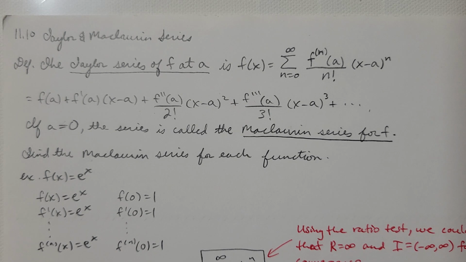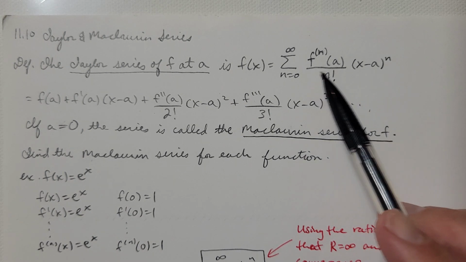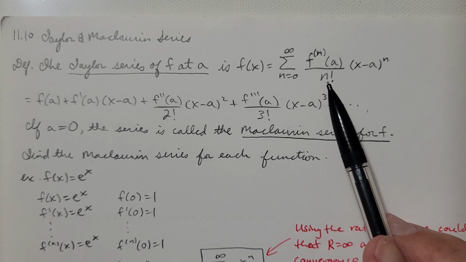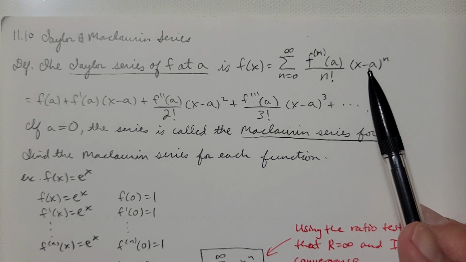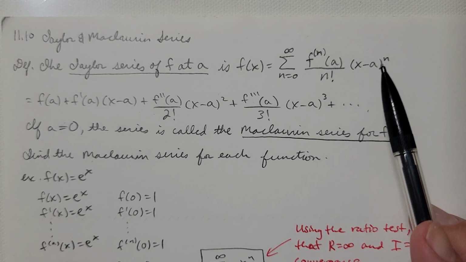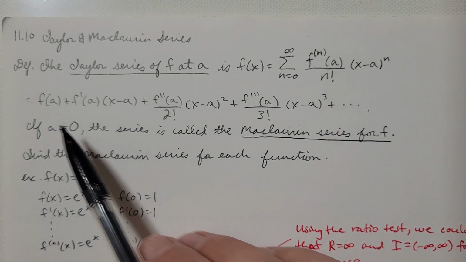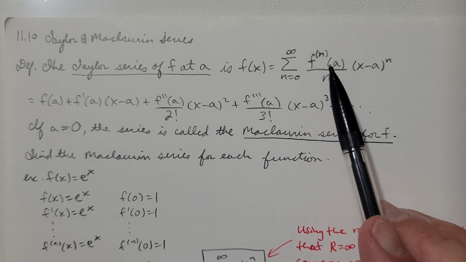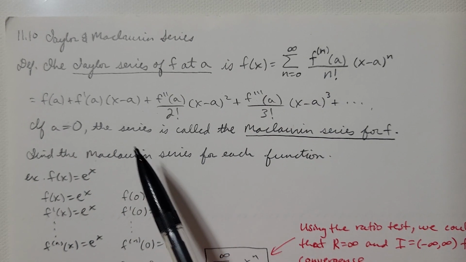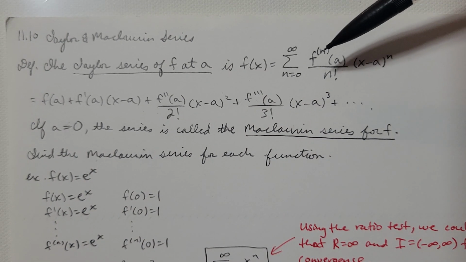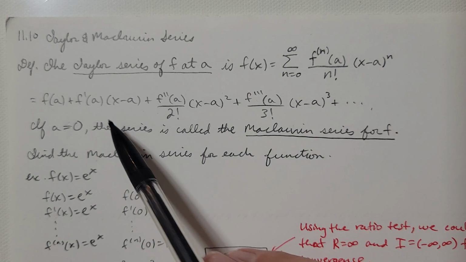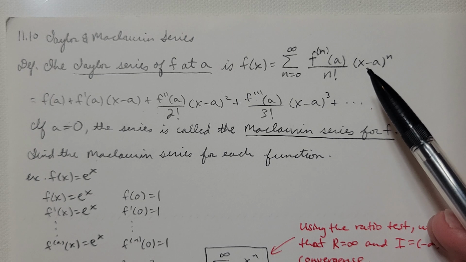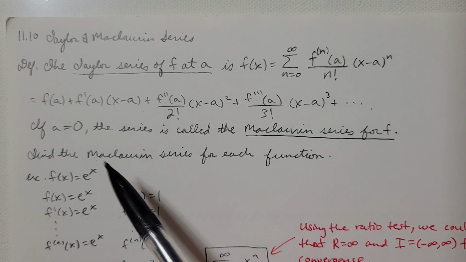Don't mix that up. Okay, and if we expand this out, when n is 0, 0 factorial is 1, right? And anything with 0 power is 1. So I've got f of a, and then plus, when n is 1, the first derivative of f at a divided by 1 times x minus a to the first.